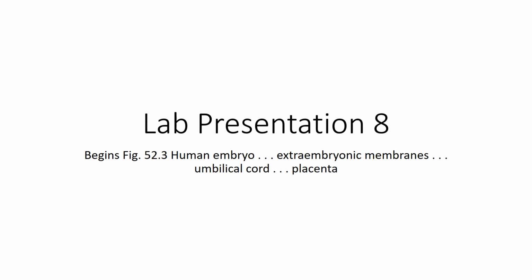And notice then some of these blood vessels within the villi are red, indicating that they're carrying oxygen. And if you trace these red vessels along, you can see that they lead to the umbilical cord.